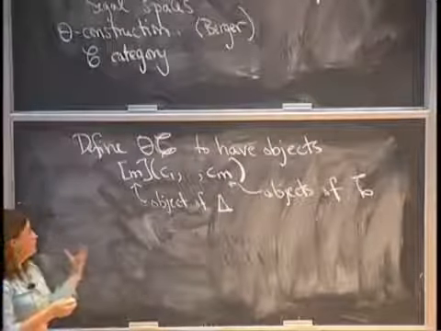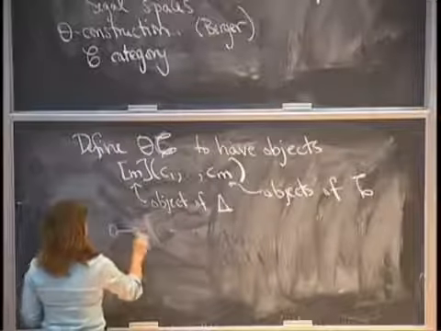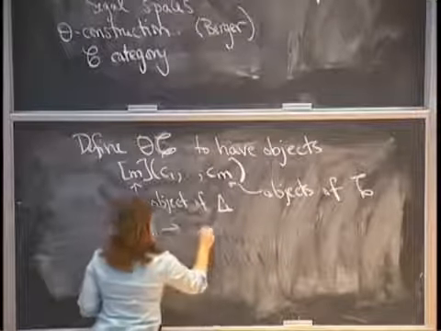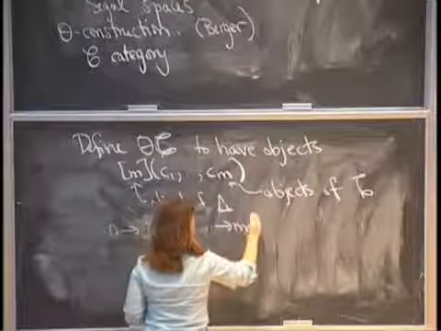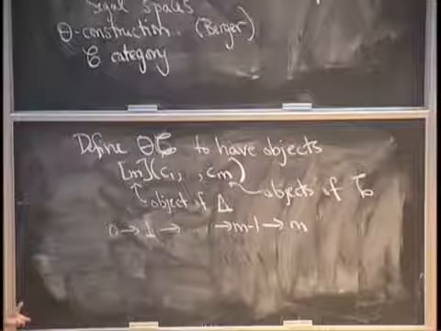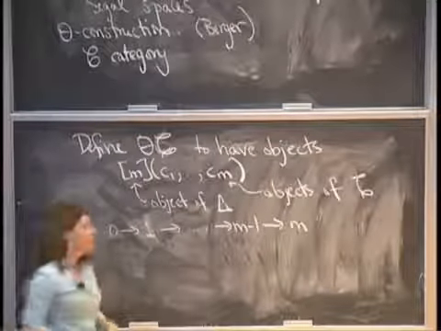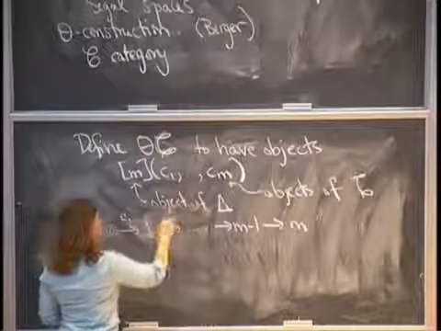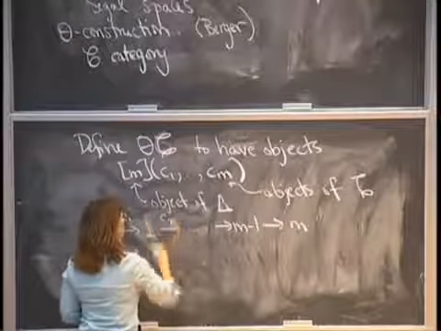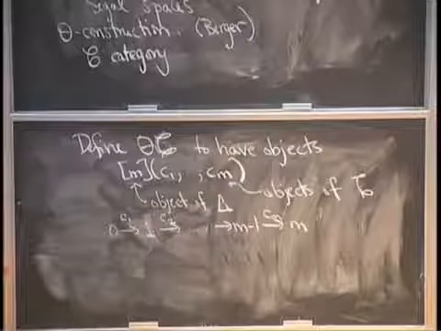One way to visualize these objects is, here's your object m in delta, and then you have m arrows here, and you label these arrows by these objects of C. So what's a morphism?